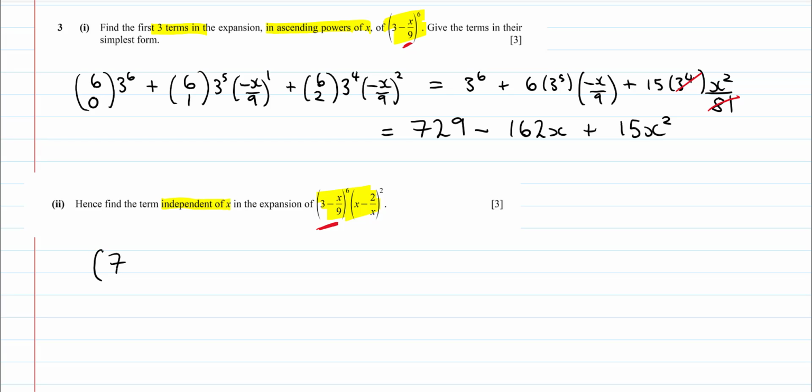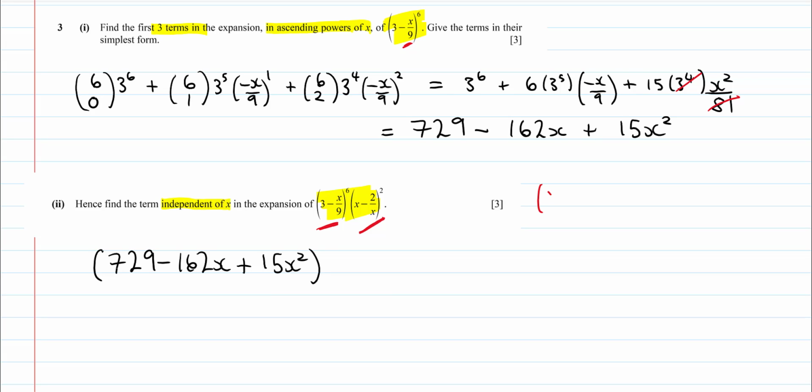So we're going to get 729 minus 162x plus 15x squared, and then we need to multiply that by this expression here, which is x minus 2 over x all squared. So we'll expand that one out first, so I'll do this in red to the side here.